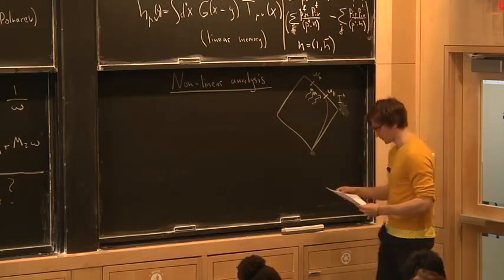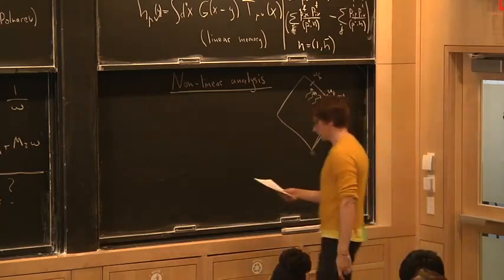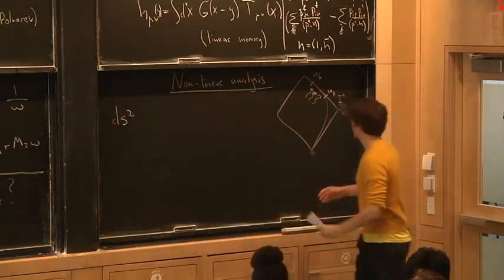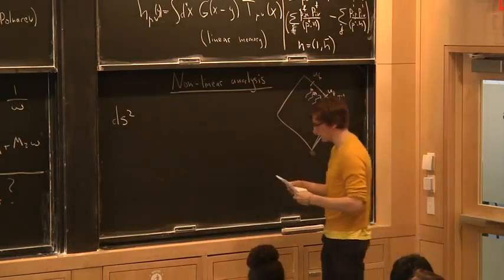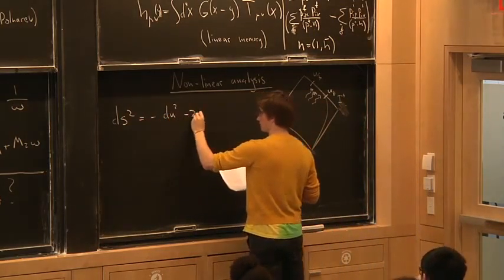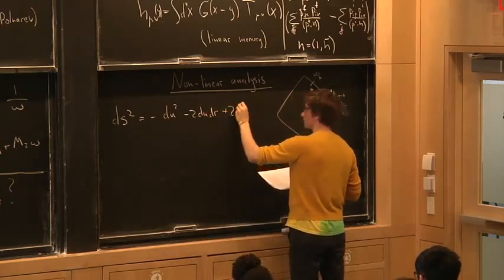Now, as you learned, but let me quickly remind you, when we describe physics close to null infinity, it's convenient to choose the so-called Bondi gauge, and in the Bondi gauge, the metric takes the familiar form.